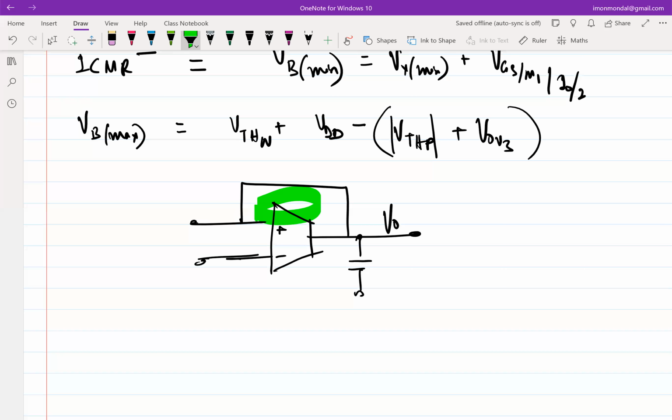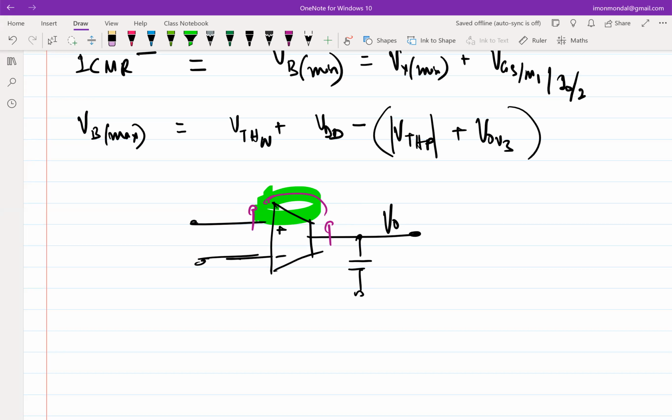What do you think is happening in this case? If I apply an excursion here and this voltage increases, what's going to happen to the output? This increases, and this is connected, right? So it's a positive feedback.